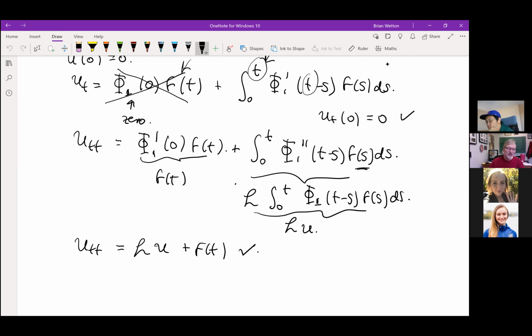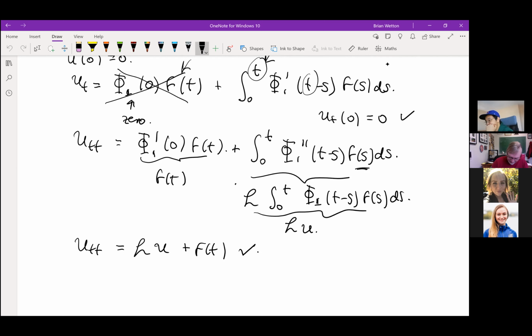If you can use your imagination or your power of optimistic extrapolation, if you have a problem that's third order in time, then the initial conditions, which are the second derivatives that you have to give initially, that's going to be the operator you want to integrate against the right-hand side data to get the solution, and that's how it works. And you can use this formal derivation to show that.